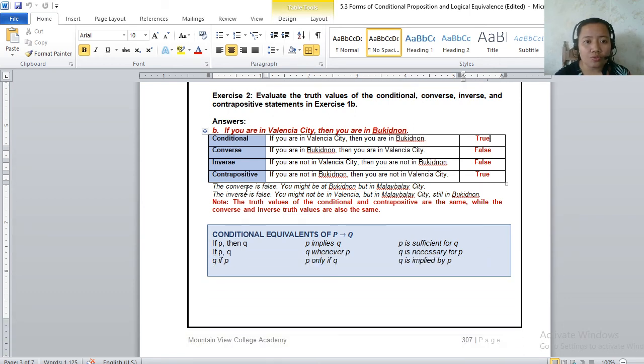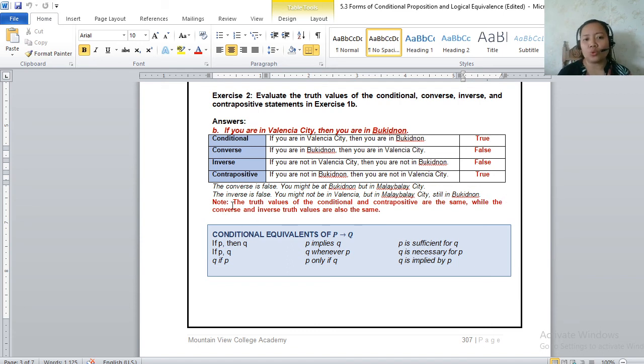The converse is false. You might be in Bukidnon but not in Malaybalay City. The inverse is false. Why?